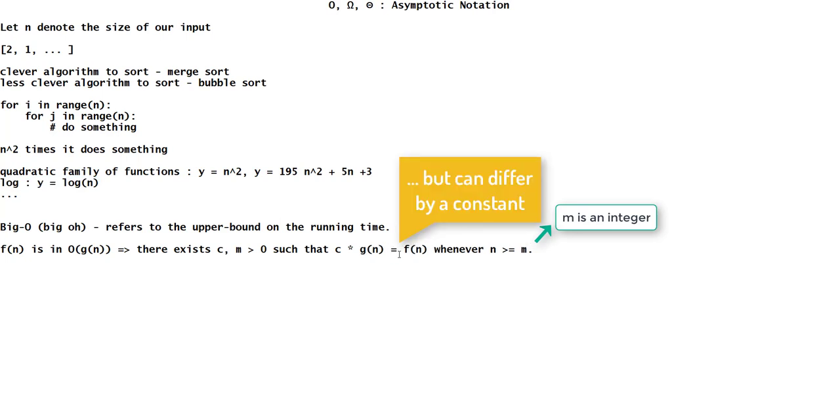But if f of n is something like log, and g of n is something like quadratic or factorial or cubic, then it's strictly greater. But in general, we say greater or equal than.